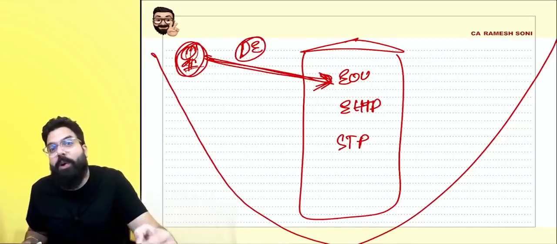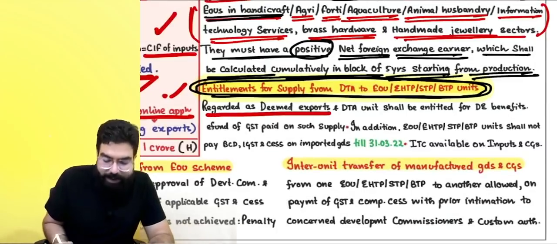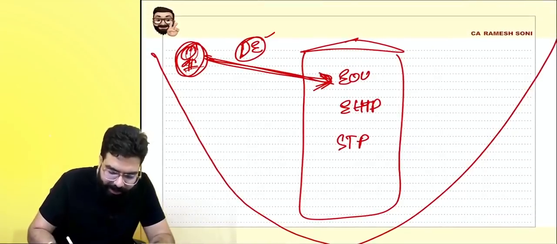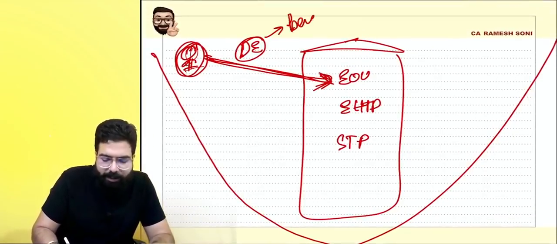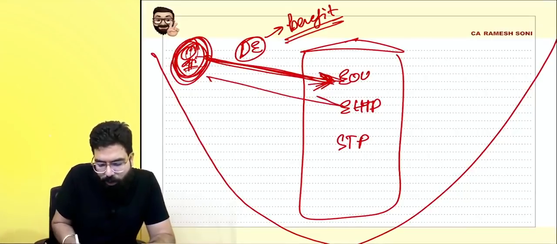It is known as deemed export. It is regarded as deemed export, and the domestic tariff unit shall be entitled to deemed export benefit. I'll talk about it later. In deemed export you will be given a lot of benefit. Who? This person who is supplying to all these people.